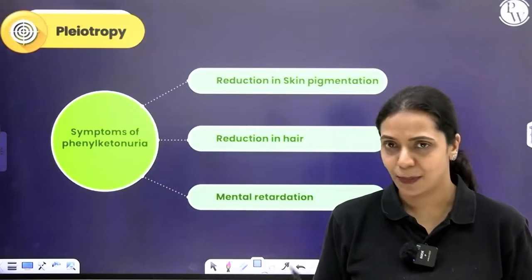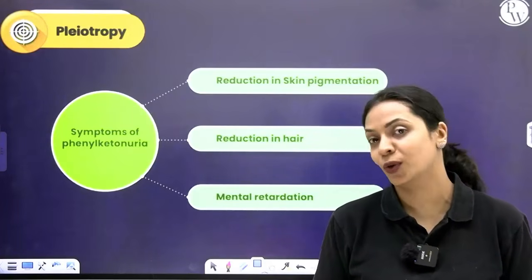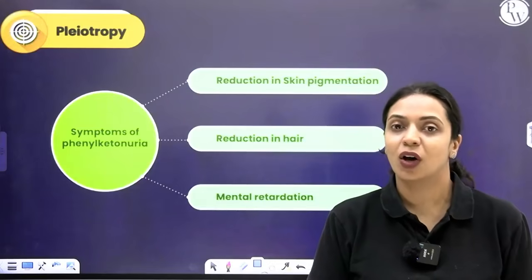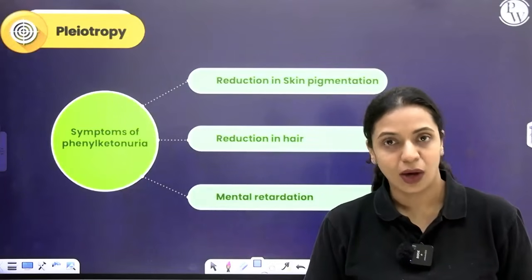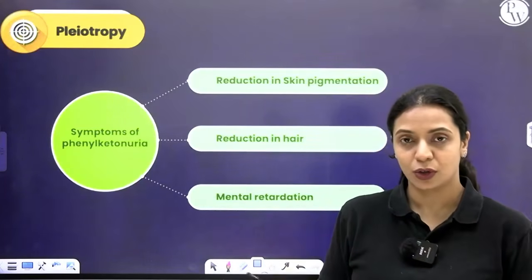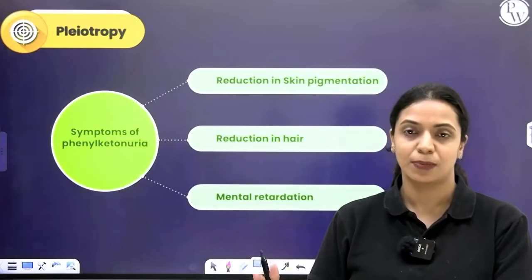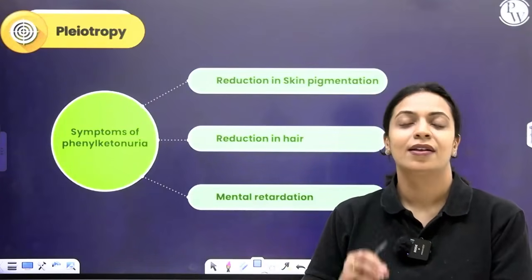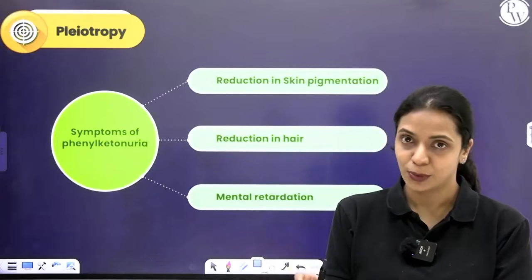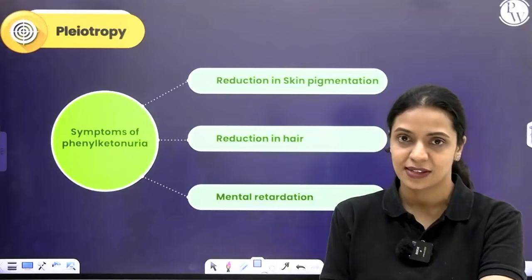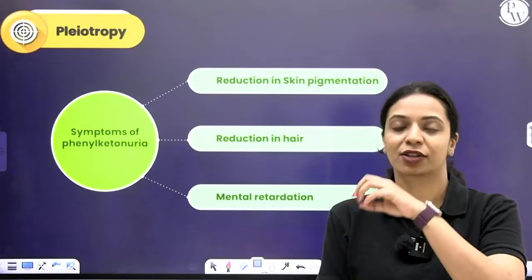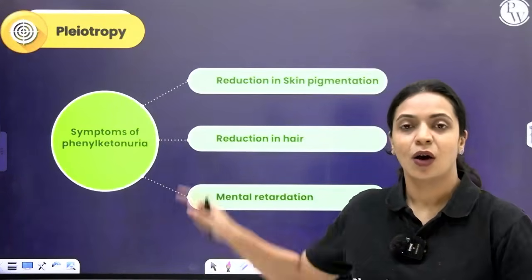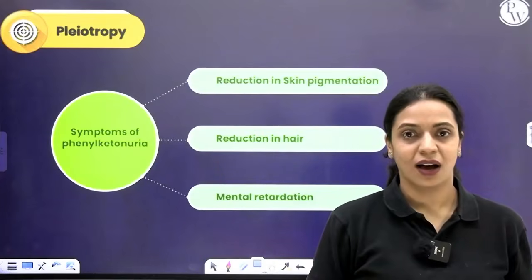More about what happens exactly during phenylketonuria we will discuss when we talk about genetic disorders. But for now, understand that with respect to pleiotropy, phenylketonuria is used as an example. One gene is affected. It's supposed to produce phenylalanine hydroxylase, but because it's mutated, it's not producing that enzyme. Because of that mutated allele being present, all of these phenotypic expressions are seen.